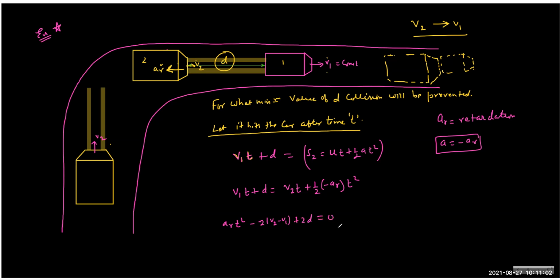If you rearrange it, I am taking v2 minus v1 because I know v2 is bigger than v1, so the minus sign is there. Now, this is the expression I'm getting, assuming they will collide. So t must have some real value, right?